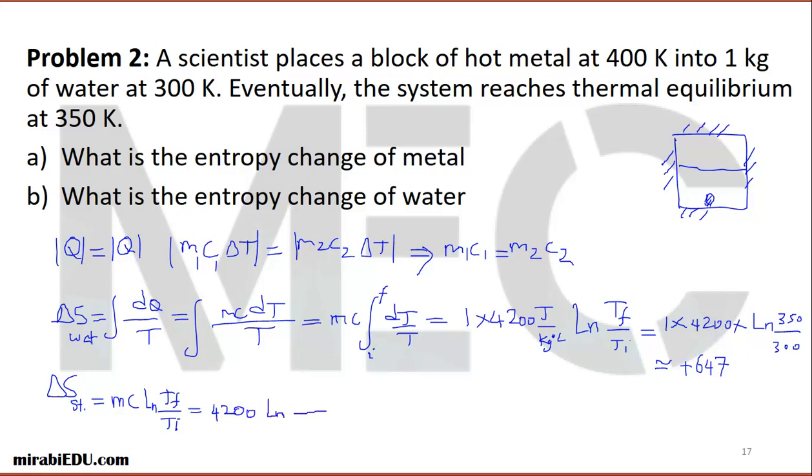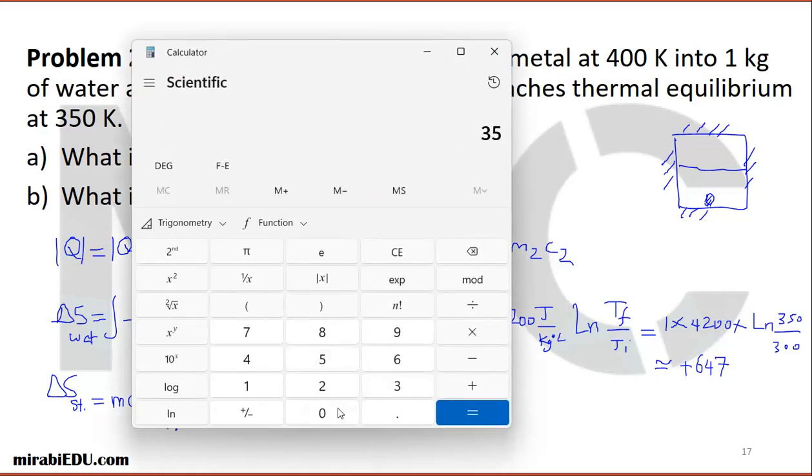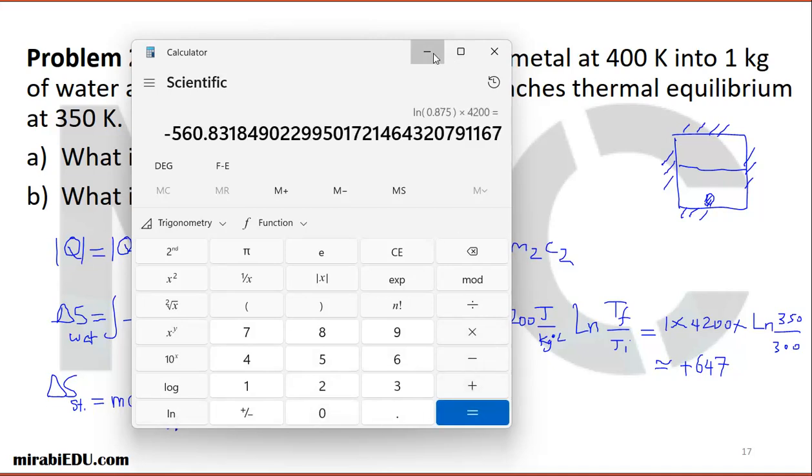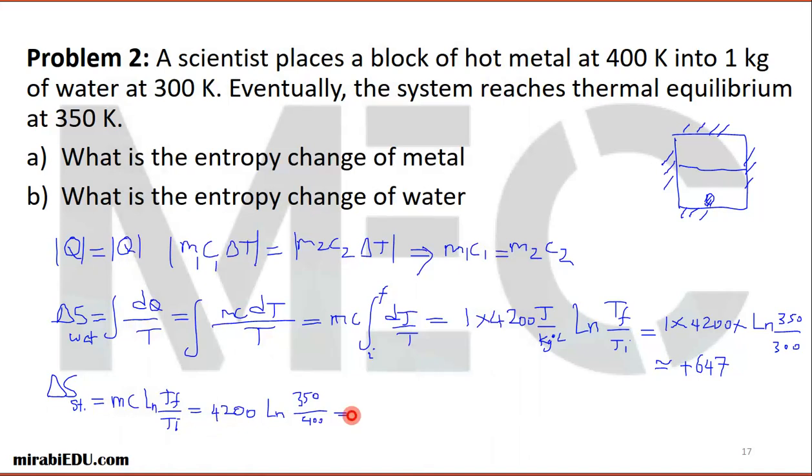The final temperature is 350, but the initial temperature is 400 here. So let me do the calculation. 350 divided by 400 is 0.875. The natural logarithm is a negative number, and this time it gives negative 560.